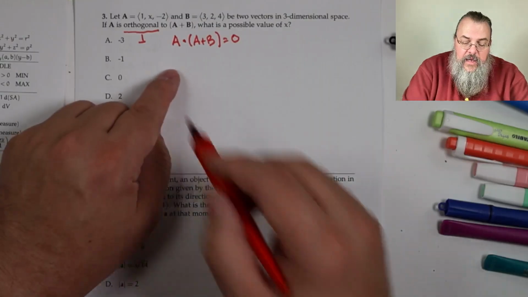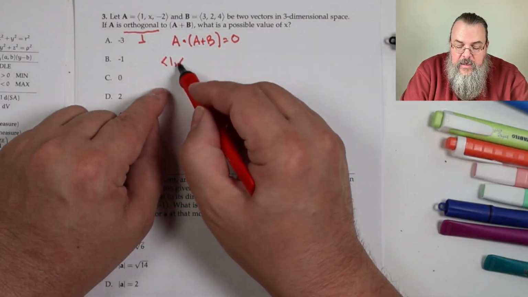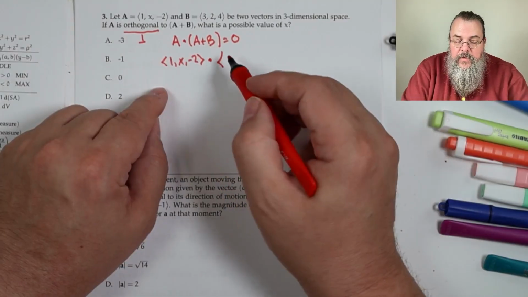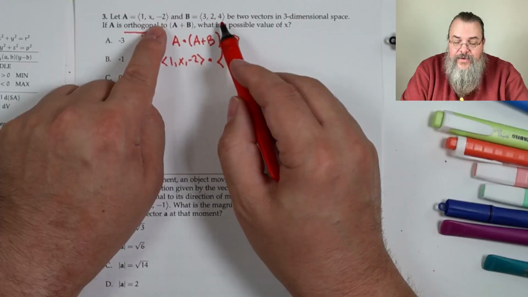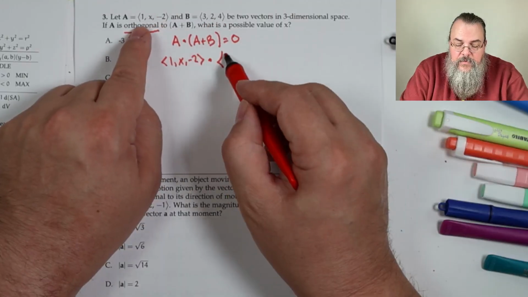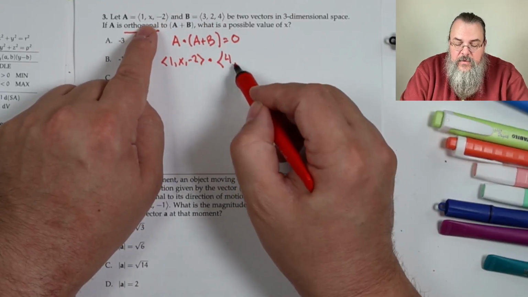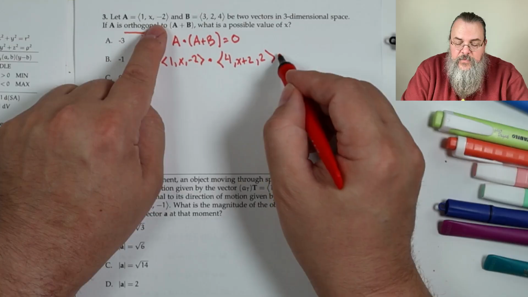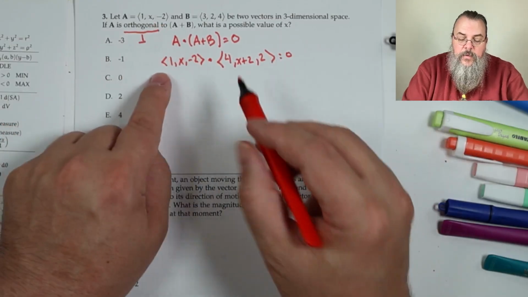So I say, well, what's A? Well, that's 1, x, and minus 2. What's A plus B? Well, now you just add the corresponding entries. 1 plus 3, 4. x plus 2, x plus 2. Minus 2 plus 4, 2. Okay, so we quickly multiply here.